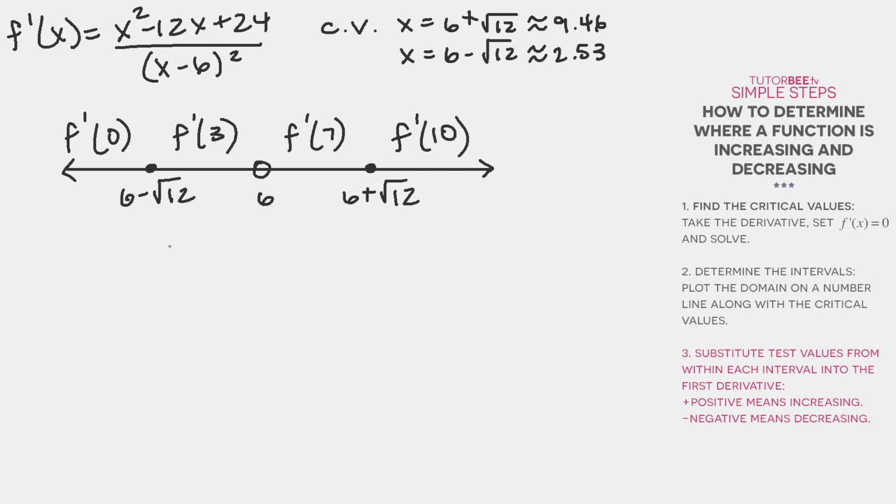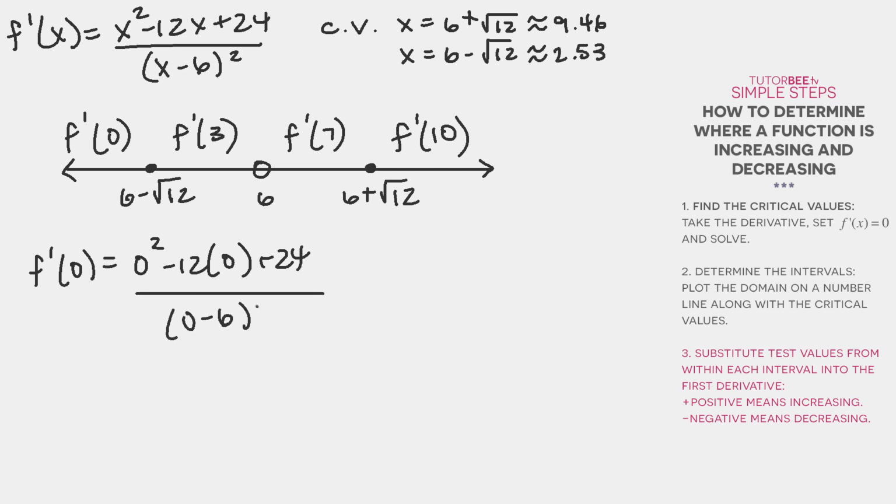Okay, so let's figure out what that's going to look like and whether we're going to get positive or negative answers. Let's start with 0. So if I plug in 0 into the first derivative, I'm going to get 0 squared minus 12 times 0 plus 24, all over 0 minus 6 squared. So let's analyze whether we're going to get a positive or a negative answer.